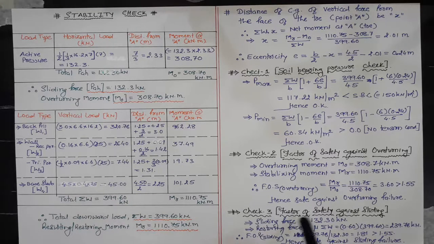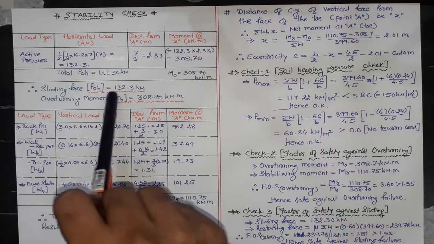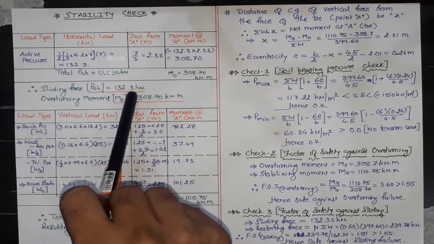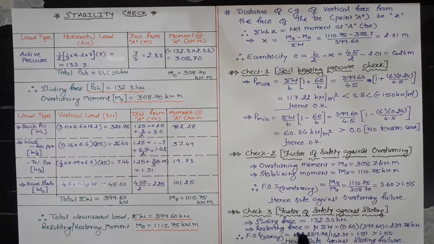Check number 3. Factor of safety against sliding. We are having a sliding force of 132.3 kilonewton. We are having a restoring force, that is a frictional force, equal to mu into sigma W. Mu is 0.6, your given value, into sigma W. Sigma W is the summation of all vertical forces, that is 399.60, which comes out to be 239.76 kilonewton.